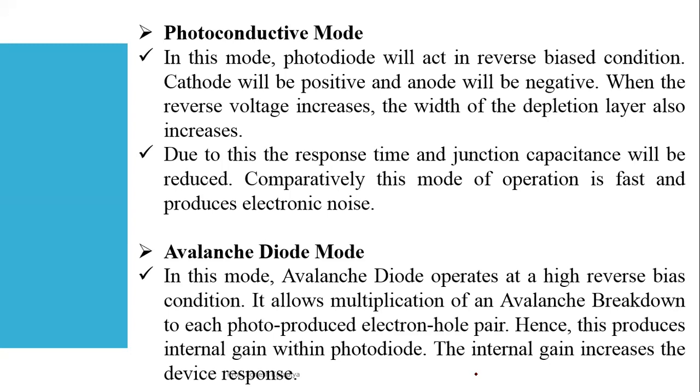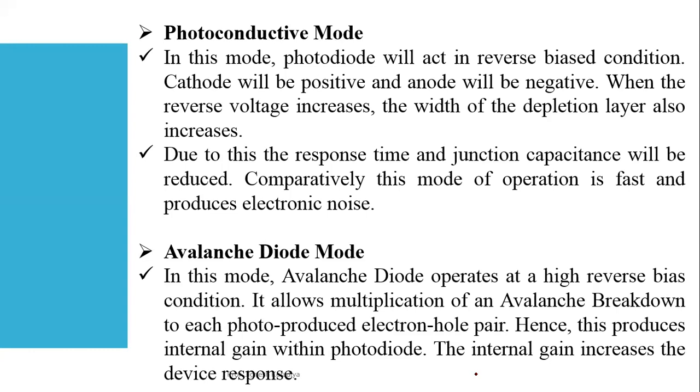And the last one is avalanche diode mode. In this mode, the avalanche diode operates at a high reverse bias condition. It allows multiplication of an avalanche breakdown to each photo produced electron hole pair.